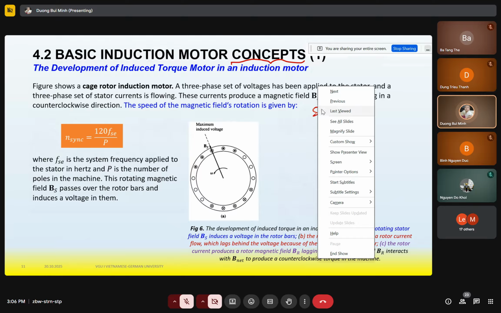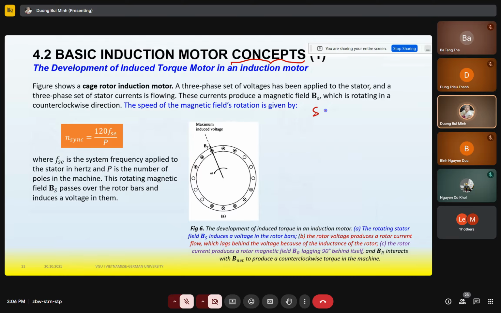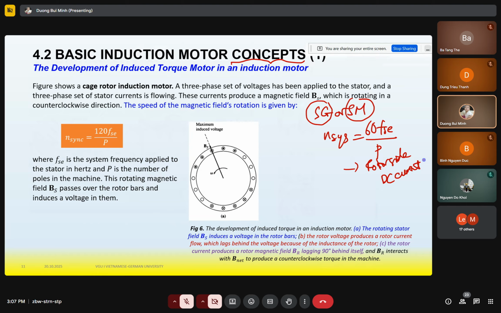If we have synchronous generators or synchronous motors, we have the synchronous speed, which is 60 f_se over P. At the rotor side we have a DC current, and at the stator side we have a rotating magnetic field.